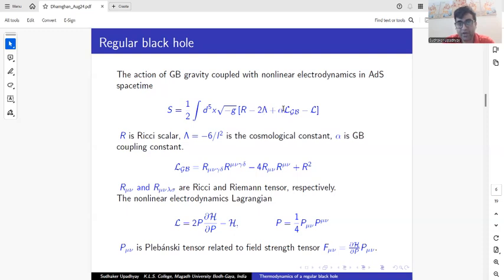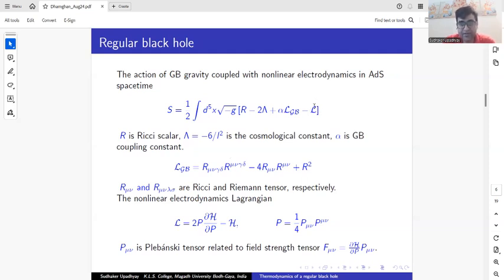This part is the Gauss-Bonnet term, where alpha is the Gauss-Bonnet coupling constant, and this curly L is the Lagrangian density corresponding to the nonlinear electrodynamics. The expression for the Gauss-Bonnet term is quadratic in the Riemann tensor, the square of the Ricci tensor, and the square of the Ricci scalar.